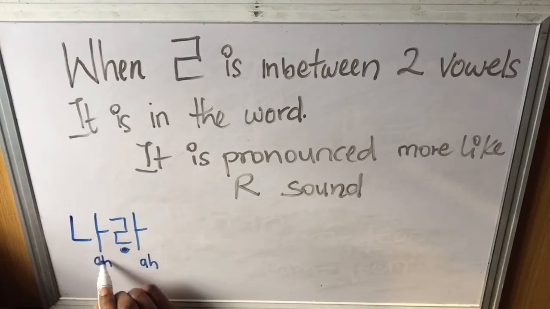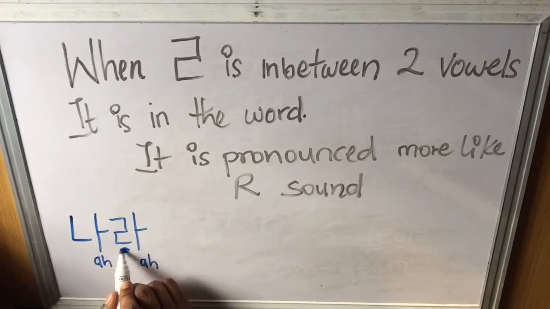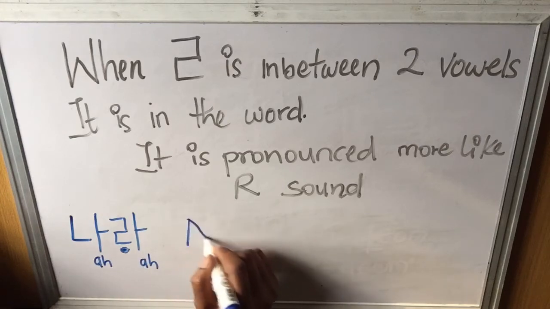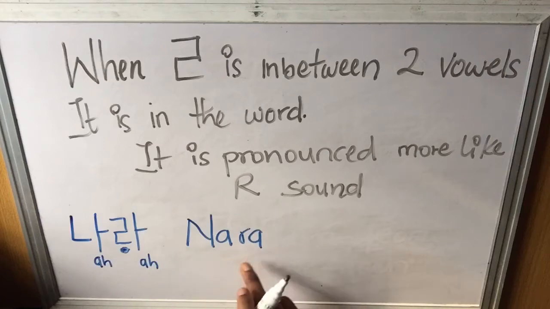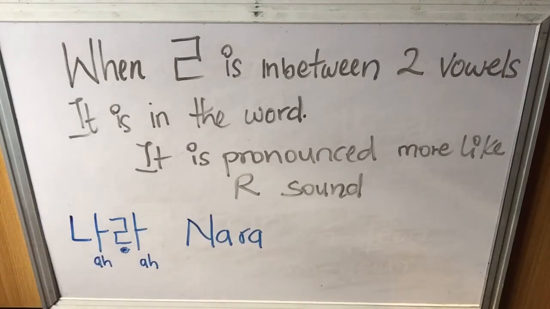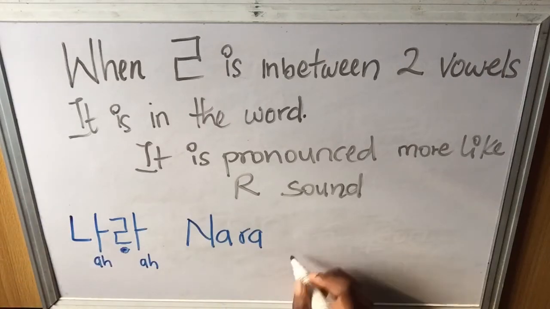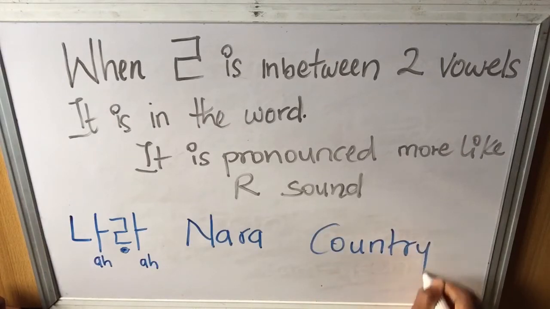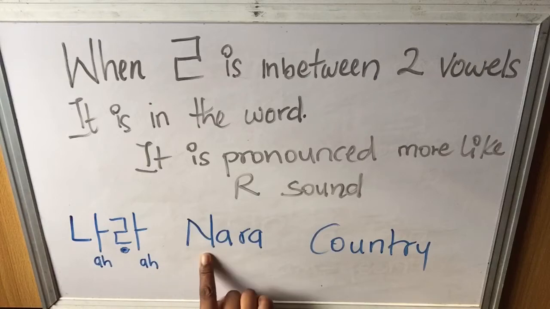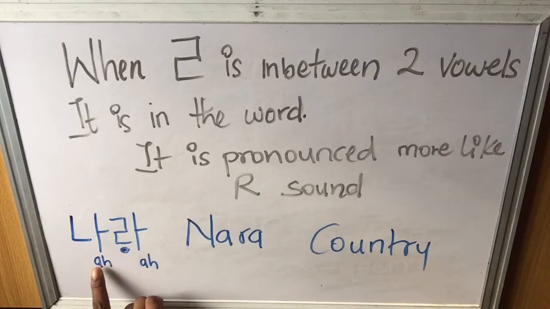So re is found between A and A. So it's pronounced as nara. And nara means country.